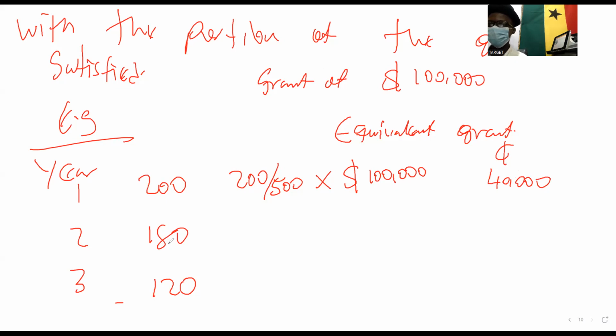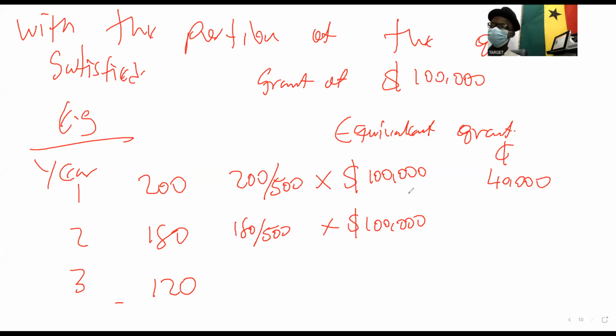Then the next year, we graduated 180. So that will be 180 out of 500 times still $100,000. So that will be 180 divided by 500 times 100. That should give us 36,000.